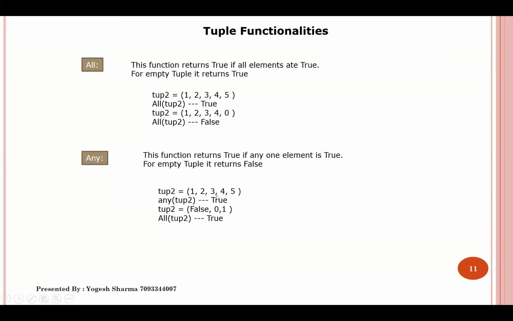Any means if all are zero, then only False. Otherwise, if 1, 2, 3, it does not matter. If all are zero or false, then only False. Otherwise, True. Okay. Clear, right? All and any.